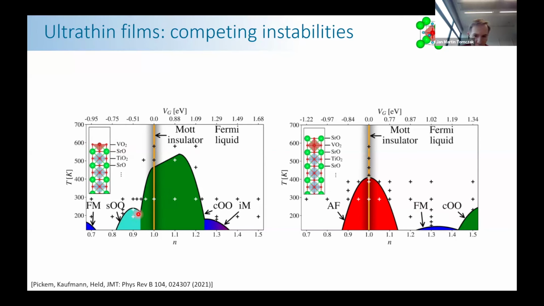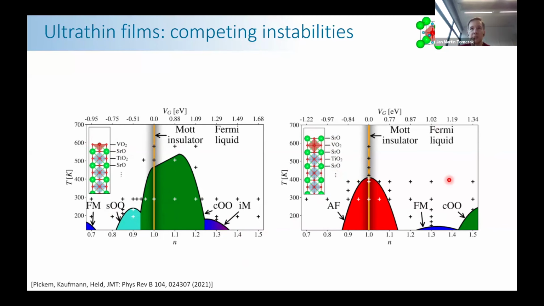And then there's some stripe orbital ordering and some incommensurate phase. So just having or not having this extra oxygen and strontium here changes the picture completely. And we have turned something that is relatively boring, strontium vanadate, into something that has a very complex phase diagram.